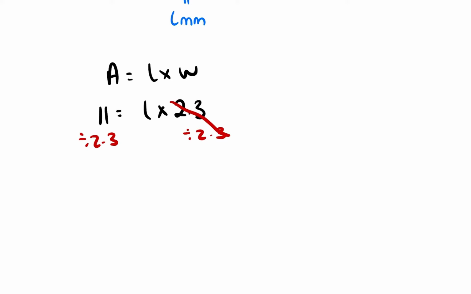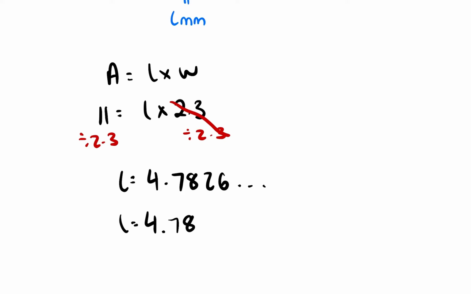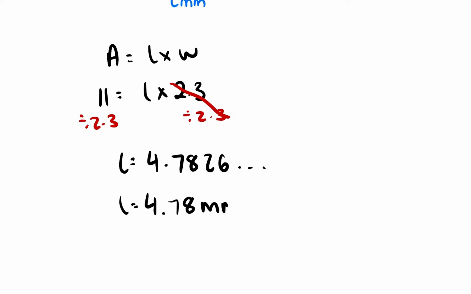What we end up with is L equals 11 divided by 2.3, which gives us 4.7826 and so on. It's set to two decimal places, so 4.78, and then it will be millimeters.